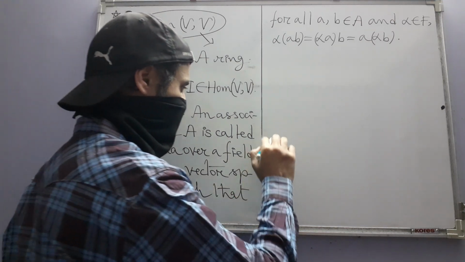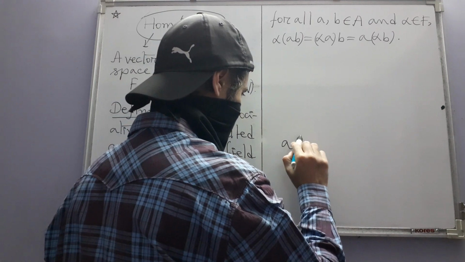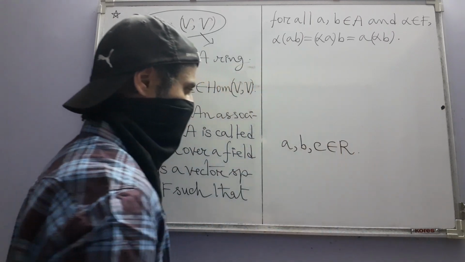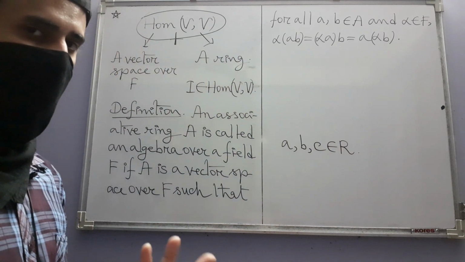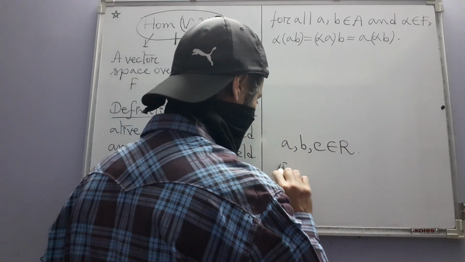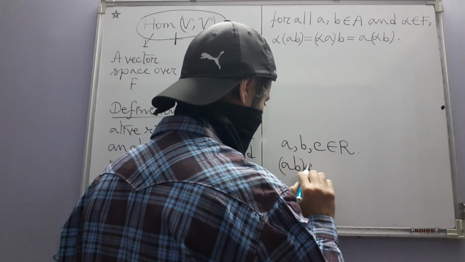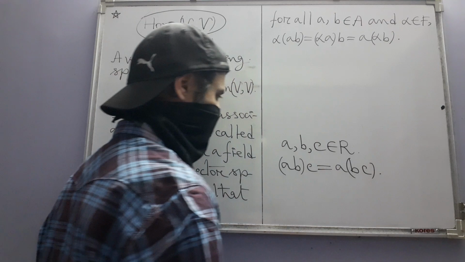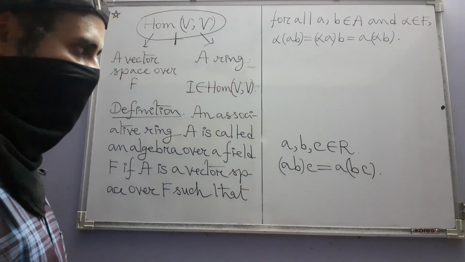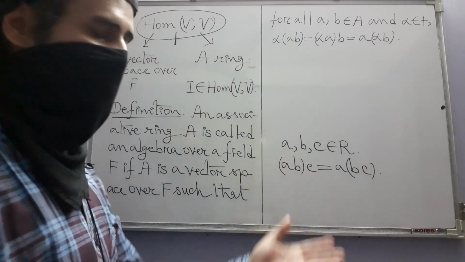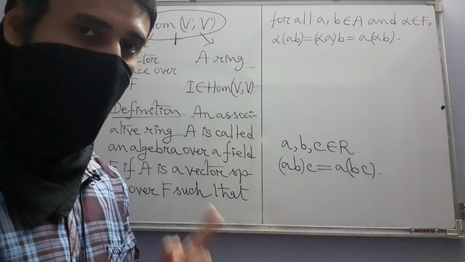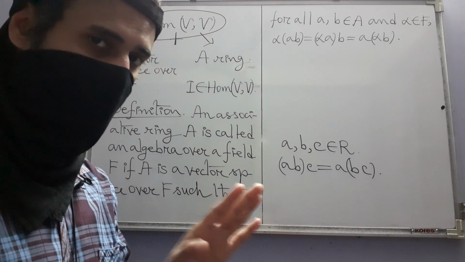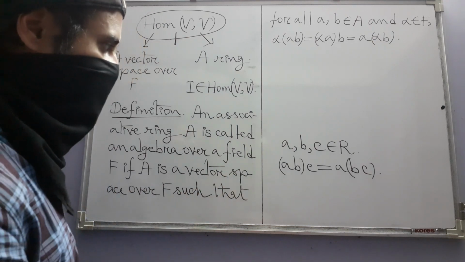That means it is not necessary that if you have 3 elements in a ring, in a general ring, associativity holds. It may not be true, but the structures in which this is true are called associative rings.